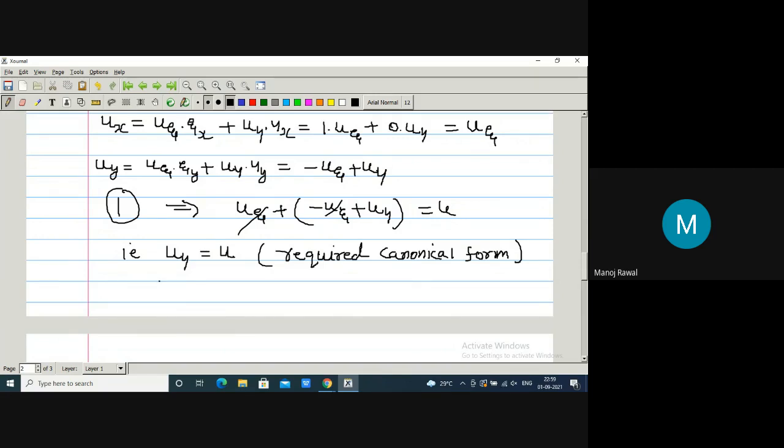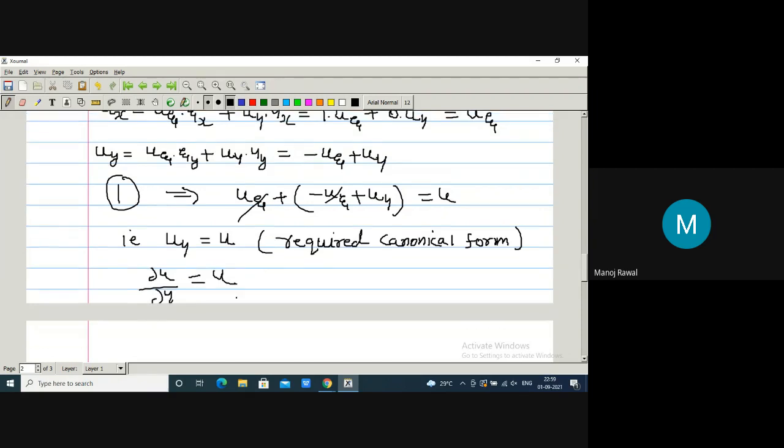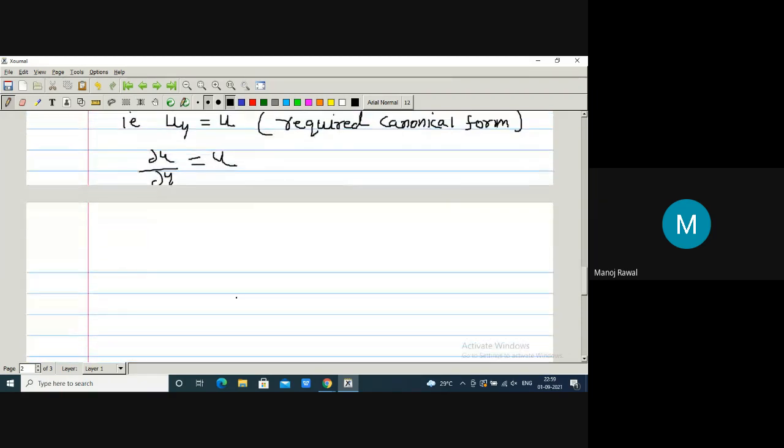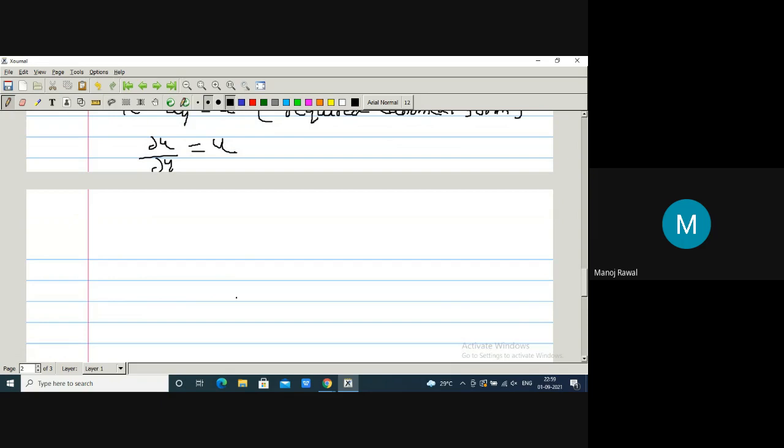So this is nothing but del u upon del eta is equal to u. So I am going to integrate this with respect to what? Batao. We have to integrate this with respect to. So this is we are given, students, del u upon del eta is equal to u.